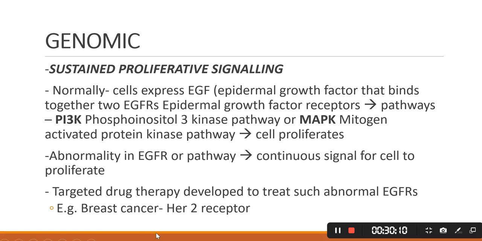The HER2 receptor is an epidermal growth factor receptor on the breast cancer cells. If the HER2 receptor is positive, they give the drug which acts against the HER2 receptor, and hence the cancer will not spread. The signal to proliferate will stop, right? So that is why these growth factor pathways are important for scientists, so that they could develop a targeted drug therapy for cancer treatment.